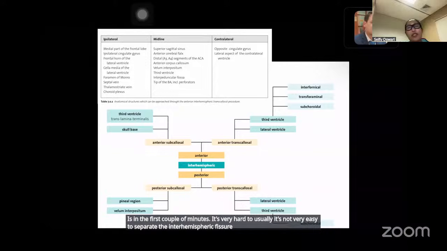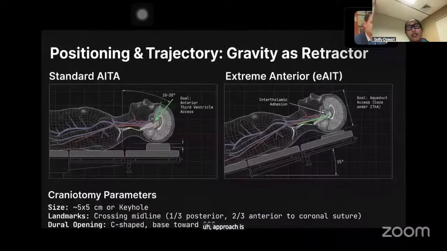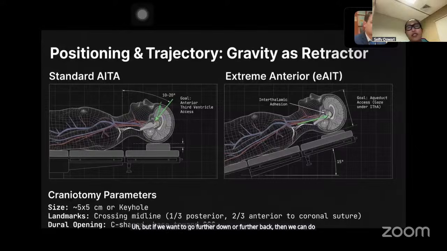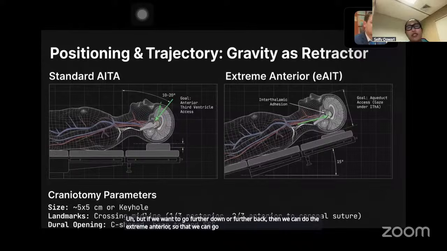With the standard anterior interhemispheric approach, the normal position is around 10 to 20 degrees flexion, and then go to the third ventricular axis. But if we want to go further down or further back, then we can do the extreme anterior so that we can go up a little bit more, 15 degrees.